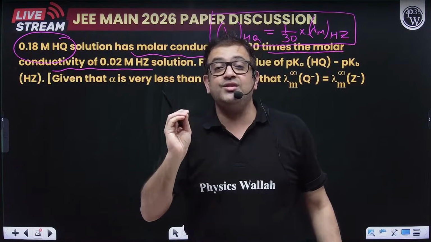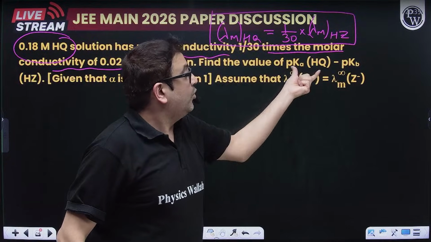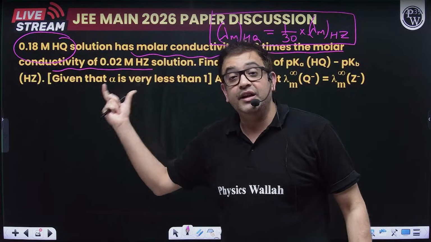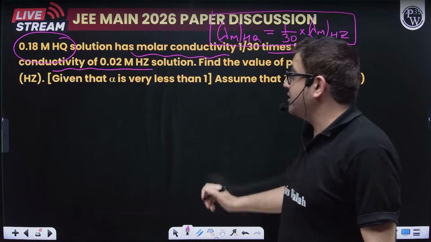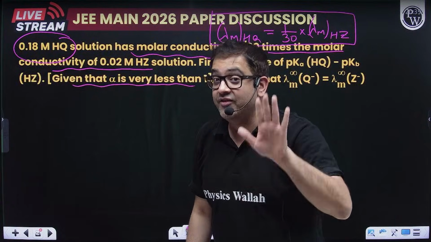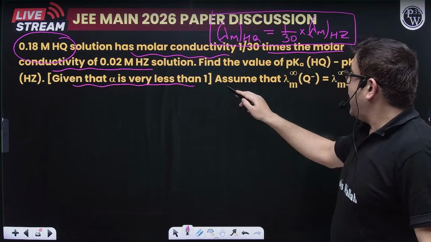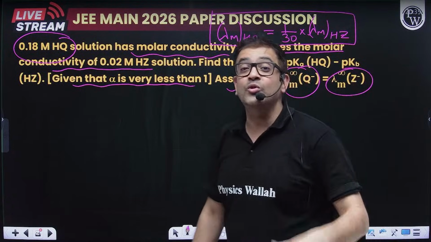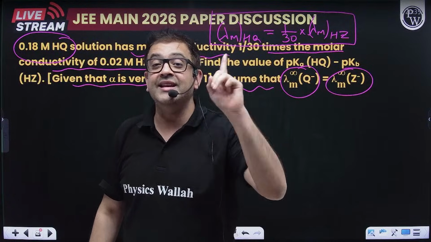So for the dissociation constants, pK of the first minus pK of the second, the difference you have to report. It is given that they are very weak electrolytes because alpha is very, very less than 1, and assume their limiting values are equal. Whose limiting values are equal? Q minus and Z minus.